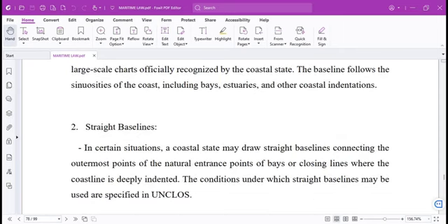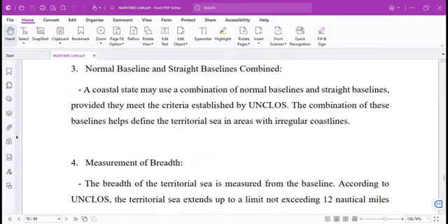Now the baseline. Now the straight baseline. Now the normal and straight baseline combined.